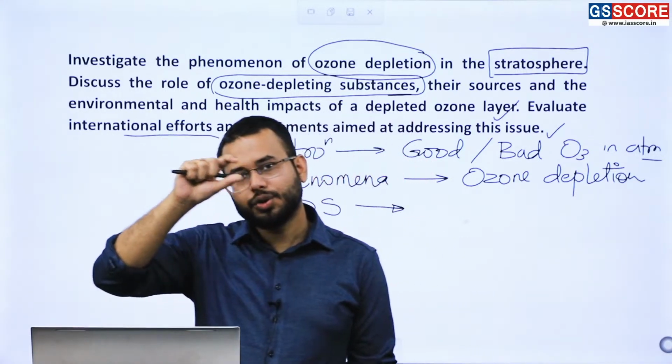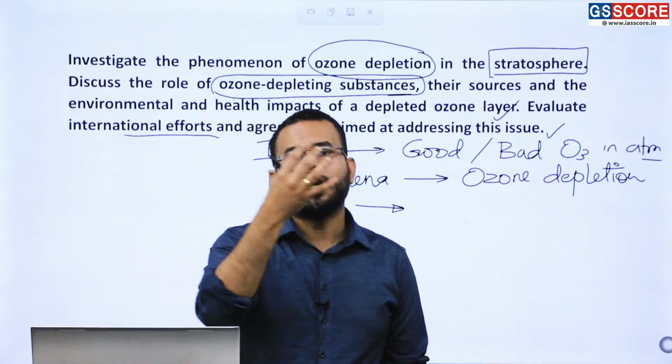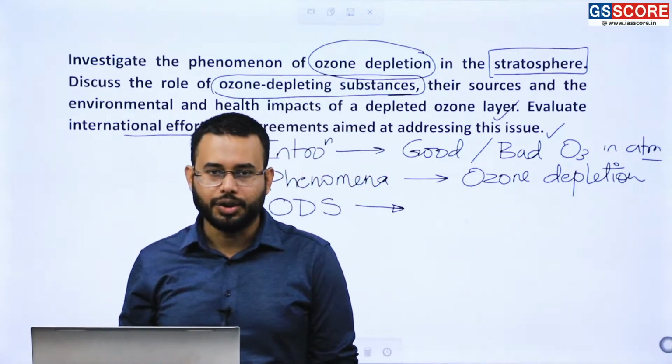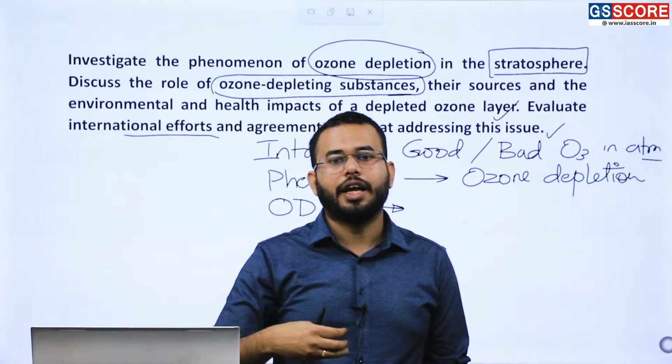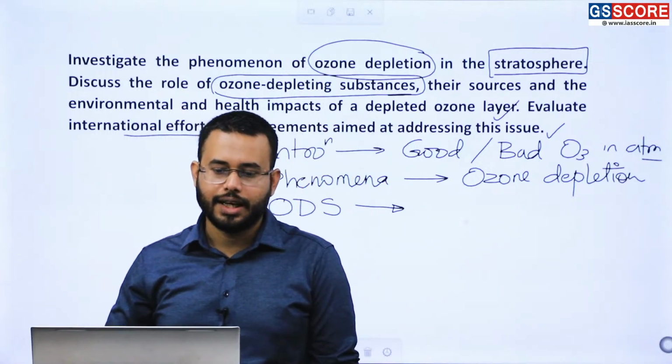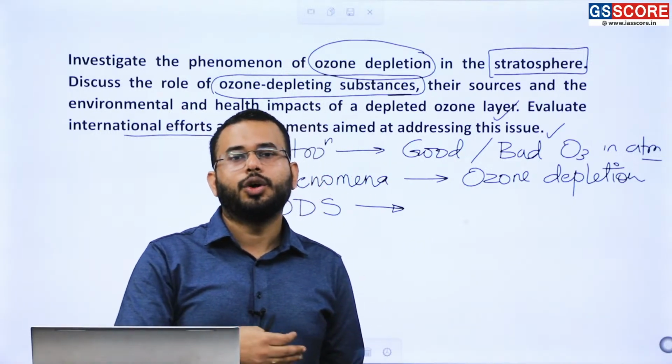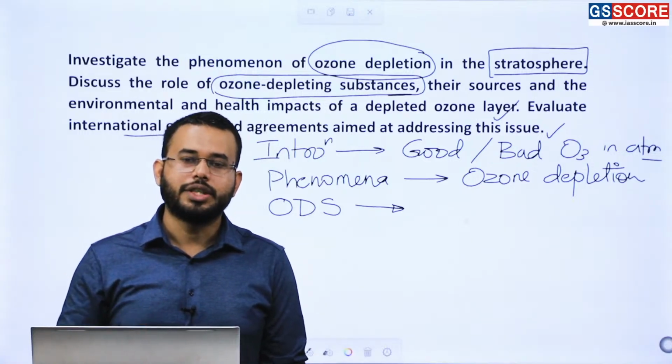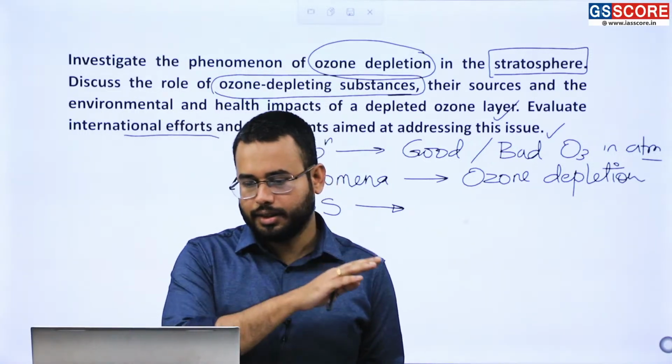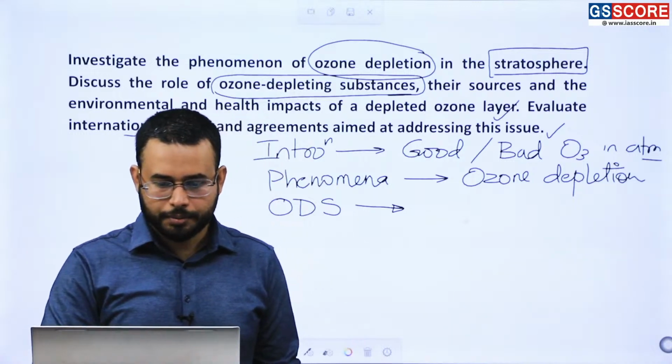Now if the ozone layer is thinning, more and more UV rays are coming to the surface, directly exposing human beings as well as animals and wildlife to UV rays, which is harmful for their health. That you need to explain.